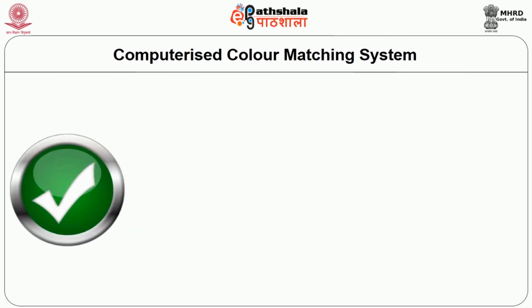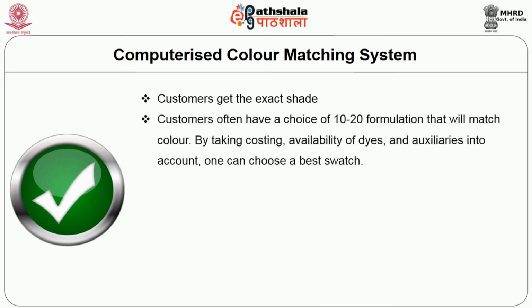The advantages the computer color matching system has in the textile industries are as follows. The customer gets the exact shade, and the customer has the choice of 10 to 12 recipes that will match the color, and can also check the cost and the availability of dyes and auxiliaries.